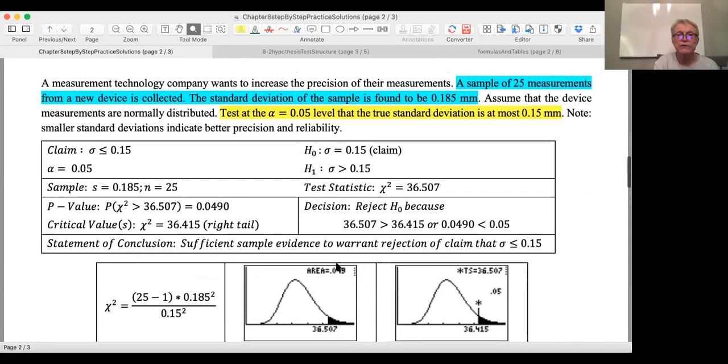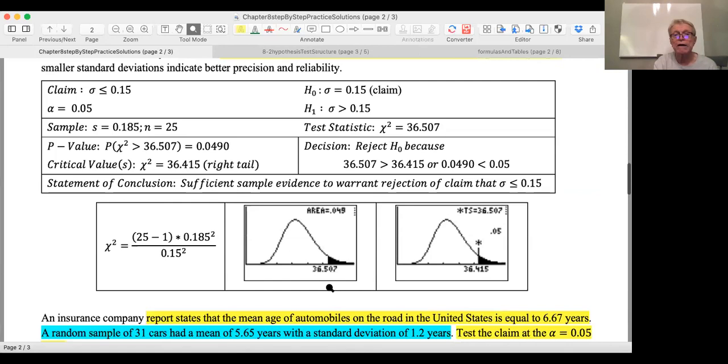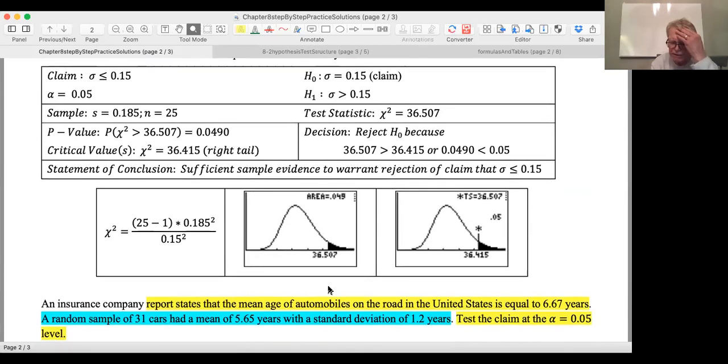Again, this is also a test of standard deviation, and alpha was 0.05. The alternate hypothesis says greater than, so it's a right-tailed test. We'll sketch our chi-squared distribution here. It starts at 0, and the mean we would plot is right around where the peak is.